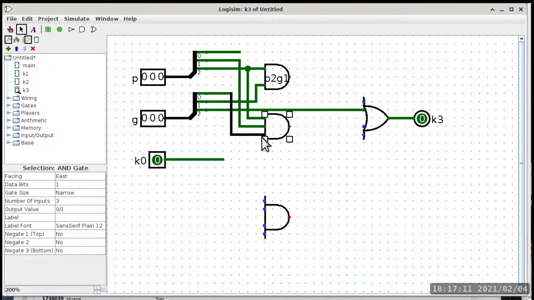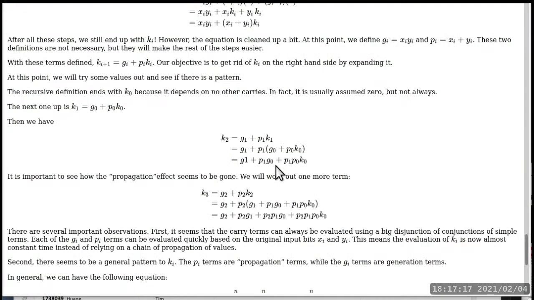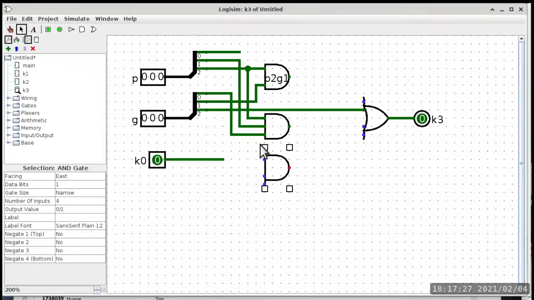There we go. And then the 4 input one is going to handle the largest of the conjunction. I'm just kind of reading the text channel so I don't miss anything that is important. Okay. So we got P2, P1, P0, and then K0. So all of the individual P. That's P2.